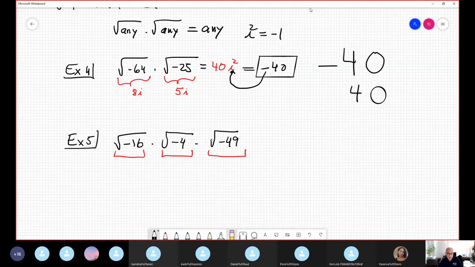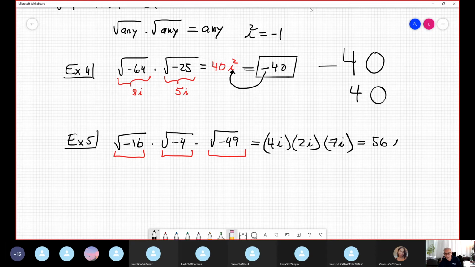But you know, when the number inside the radical is negative, I expect the answer is imaginary. This is 4i, multiplication by 2i, multiplication by 7i. Everyone follow me? Square root 49 is 7, square root 4 is 2. So multiplication, 4 times 2 is 8, 8 times 7 is 56.